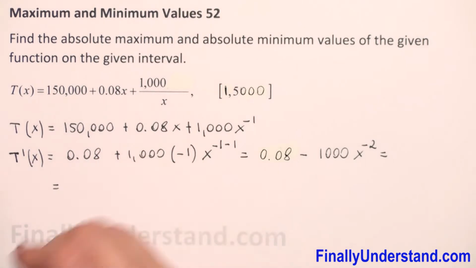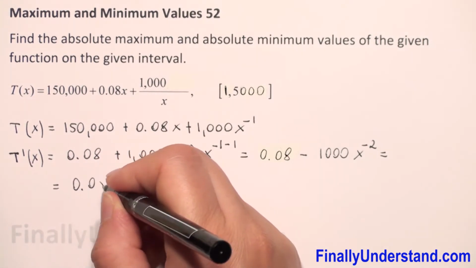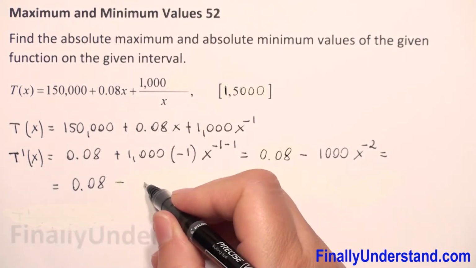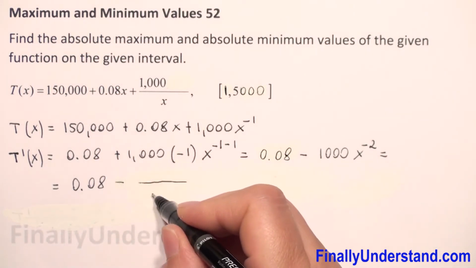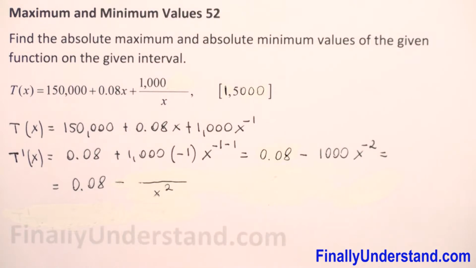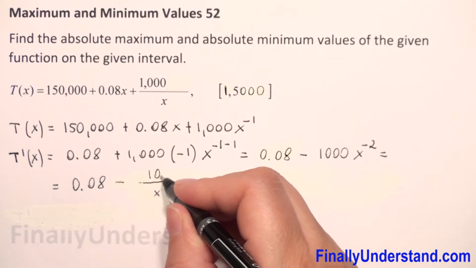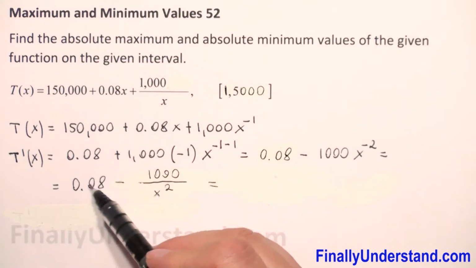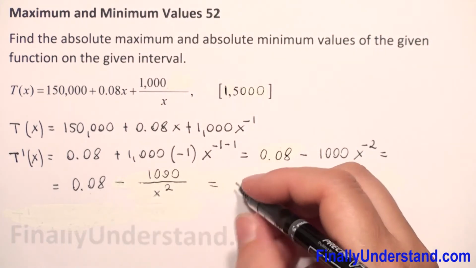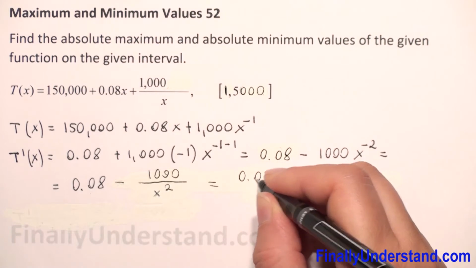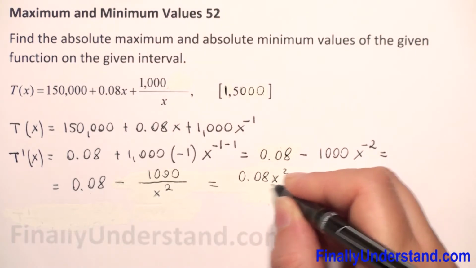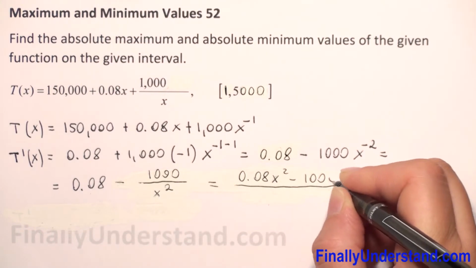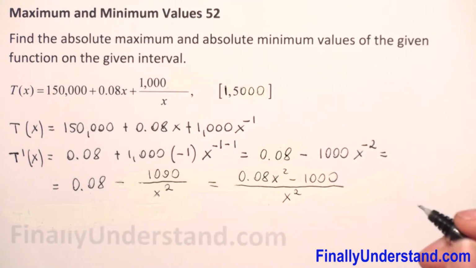So we have 0.08 minus, and because we have a negative power, this x is going to the denominator to the second power, and the numerator is 1000. Because we have a fraction, we can make a fraction for this number, so we have 0.08 times x squared minus 1000 over x squared.